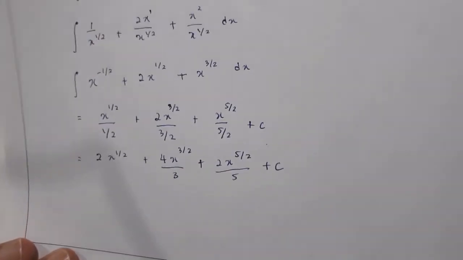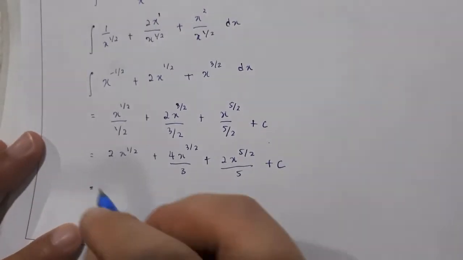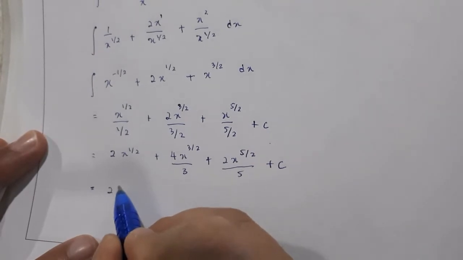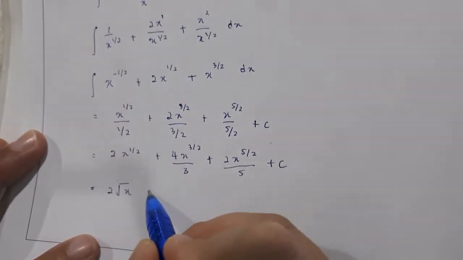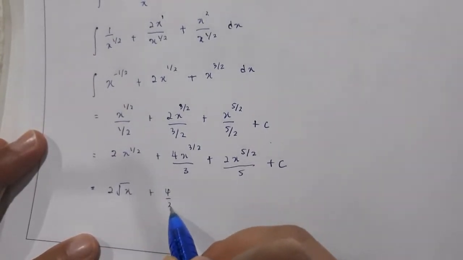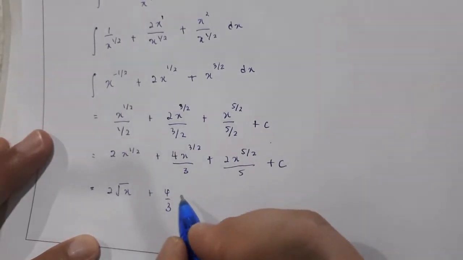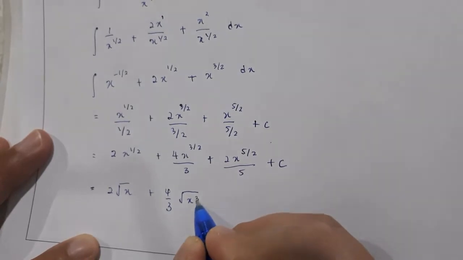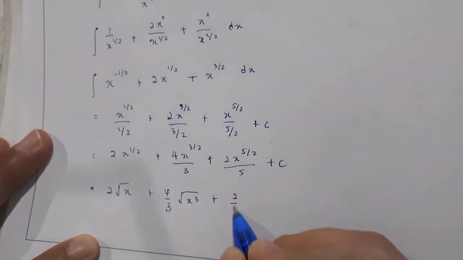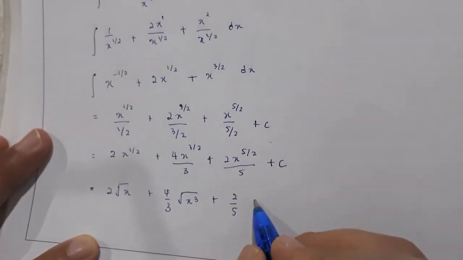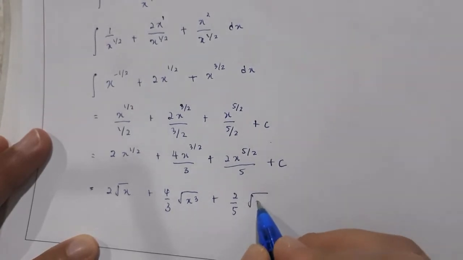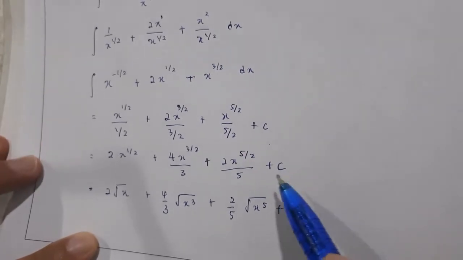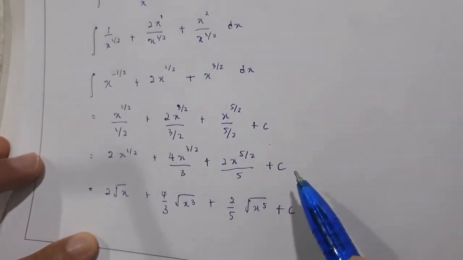If you want to further simplify, we can change x^(1/2) into square root x, plus 4/3. x^(3/2) is square root of x cubed, plus 2/5 square root of x^5 plus c. Okay, either answer is acceptable.